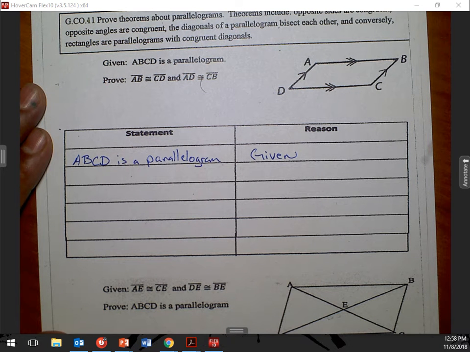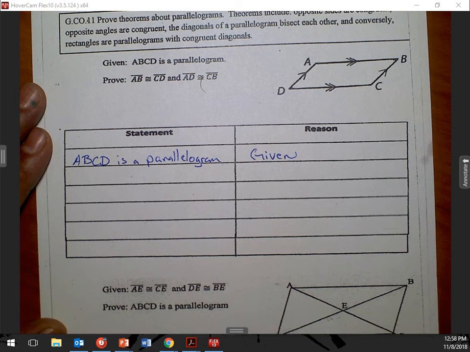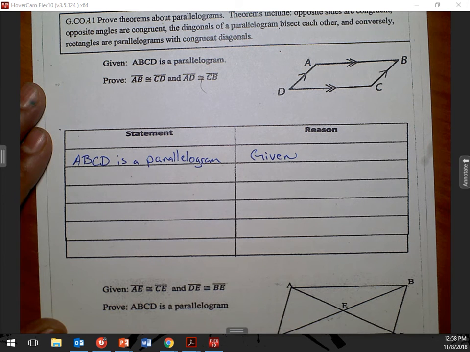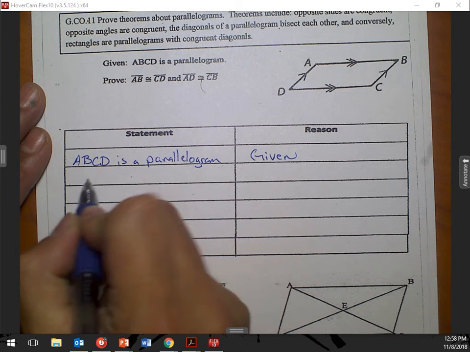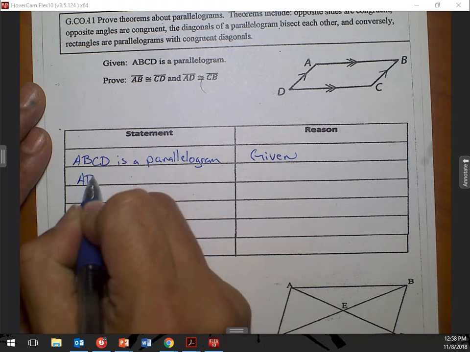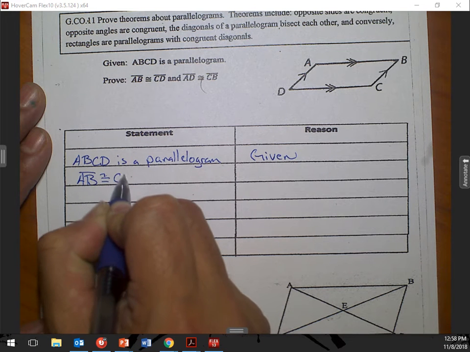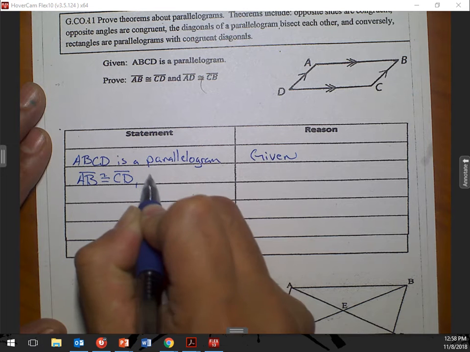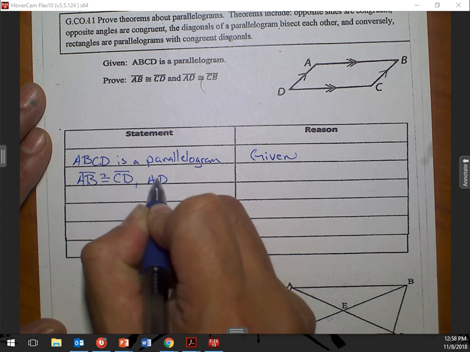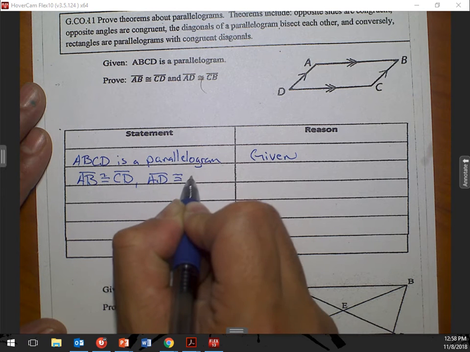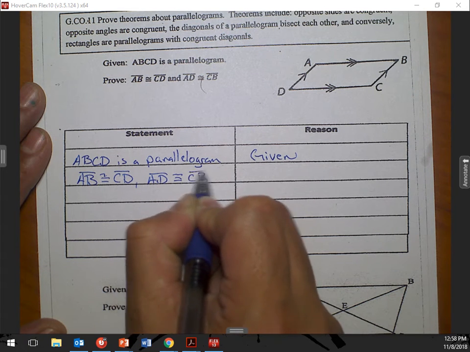This is going to be very short and sweet. Watch this. AB congruent to CD, AD congruent to CB.